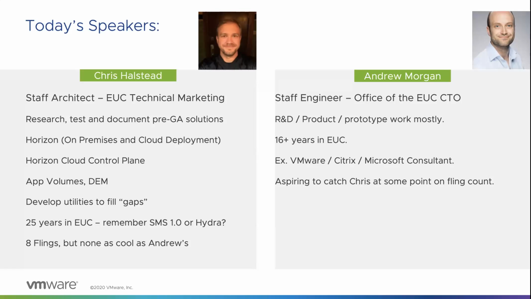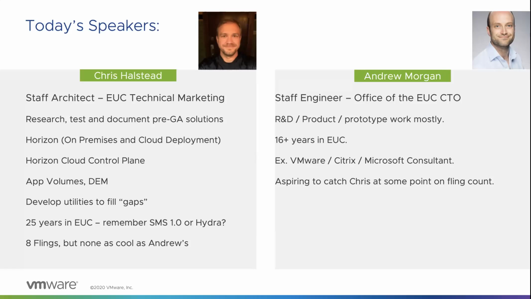Thanks, and I think you're being a little bit shy there, Chris. Your tools are awesome. Anyway, my name is Andrew Morgan. I am a staff engineer in Sean Bass's office of the CTO. I've been with VMware for about 3 years, where previously I was a principal consultant for Citrix technologies, Microsoft, and VMware.